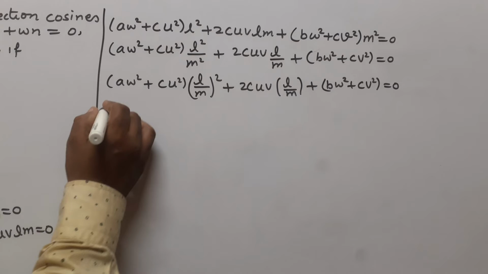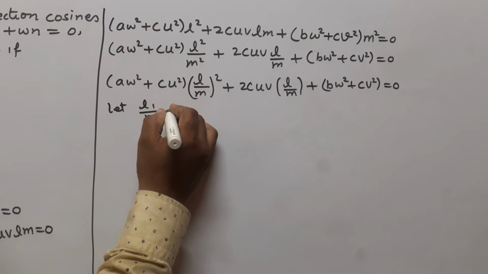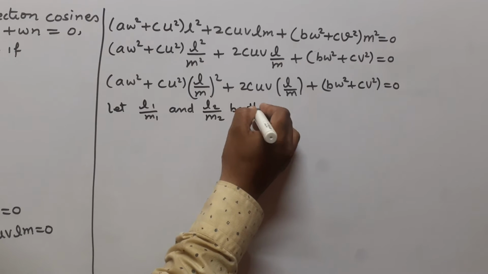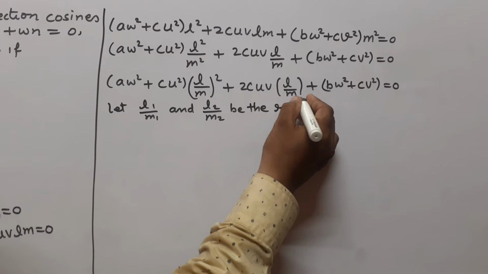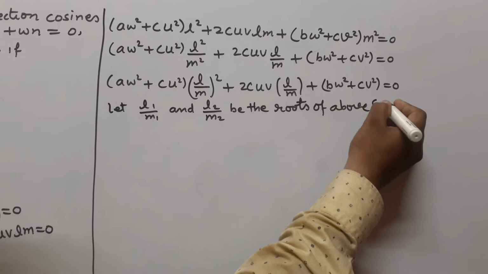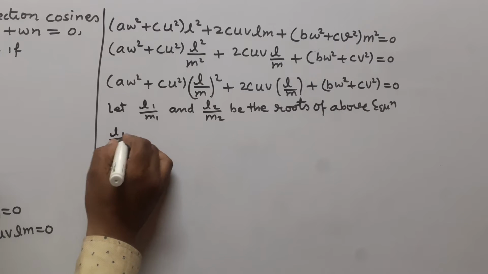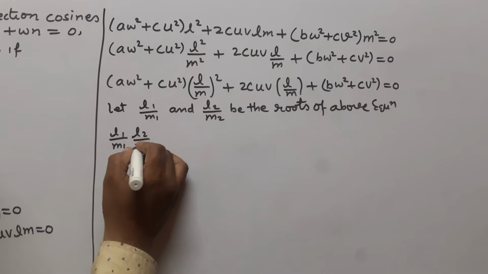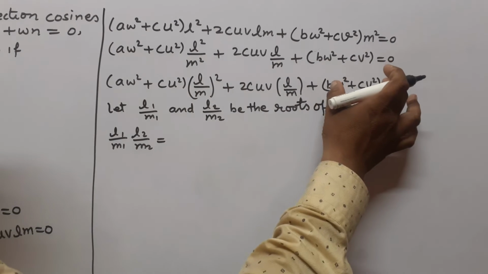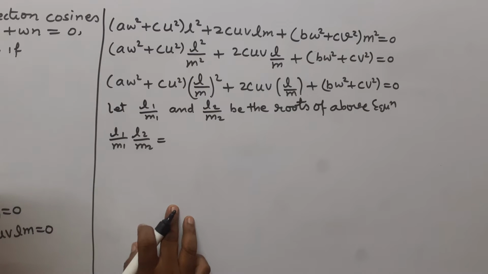Let us suppose that l1/m1 and l2/m2 be the roots of the above equation. So the product of the roots is l1/m1 multiplied by l2/m2. This is equal to the constant term, divided by the coefficient of (l/m) whole square.